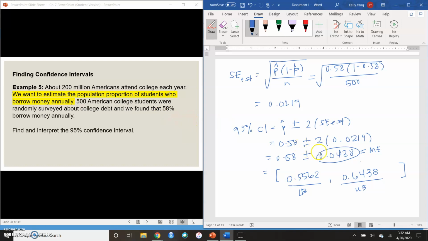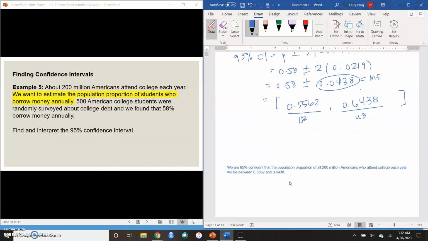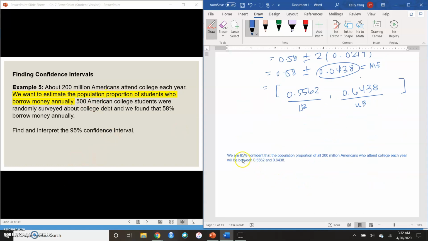What does this mean specifically in this problem? We want to estimate the population proportion of students who borrow money annually. The interpretation is that we are 95% confident that the population proportion of all 200 million Americans who attend college each year will be between 0.5562 and 0.6438.